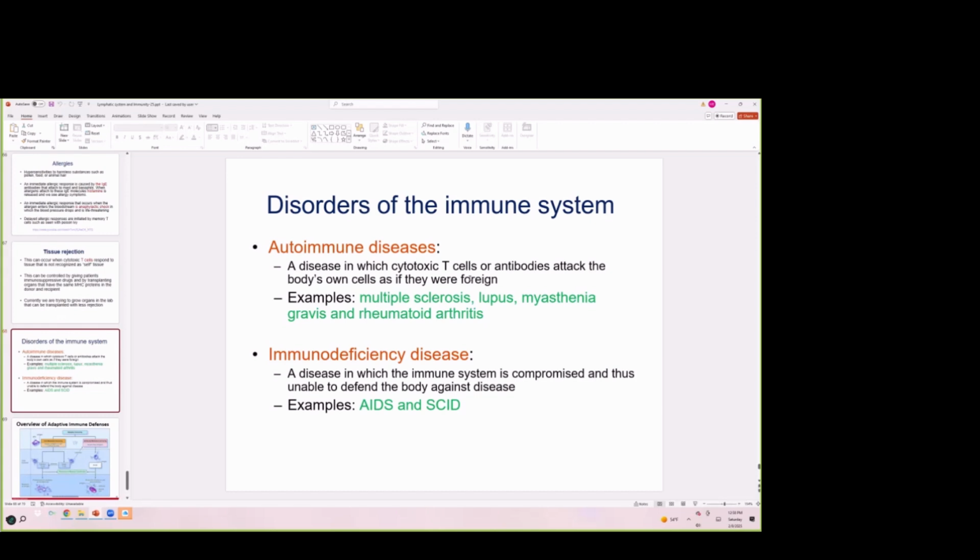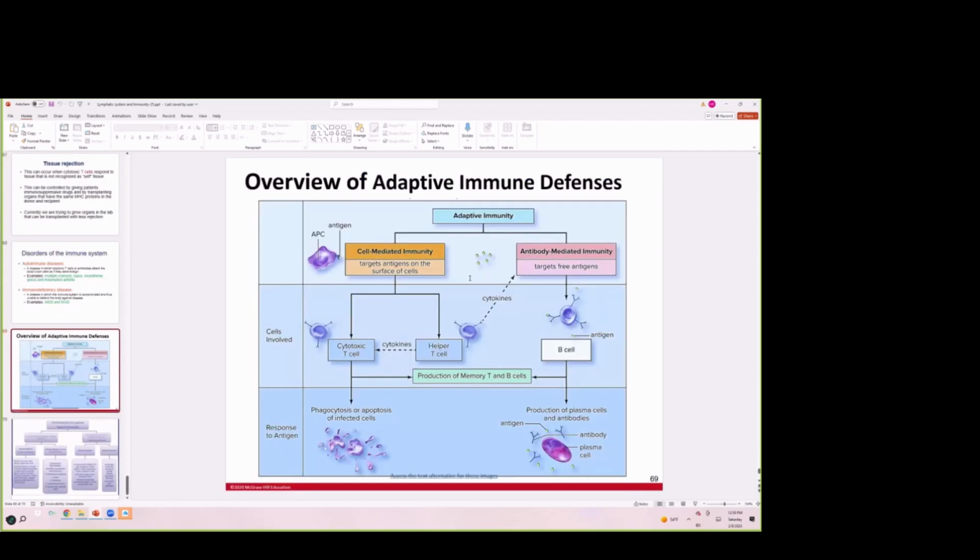In AIDS, for example, the virus affects the helper cells. So when the helper cells cannot recognize the pathogen, it just goes around, keeps dividing, and then the person has issues.